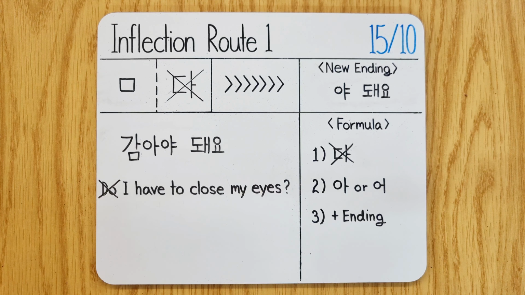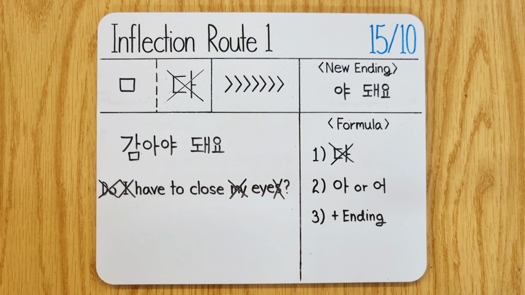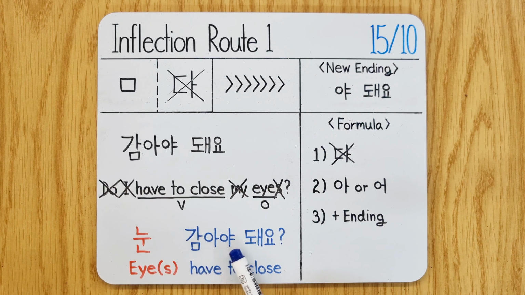And of course, I'm talking about I, my eyes, and both of my eyes. Therefore, I will omit I, my, and the plural as well, which leaves us with the verb have to close and the object eyes. Therefore, the Korean sentence will look like 눈 감아야 돼요.